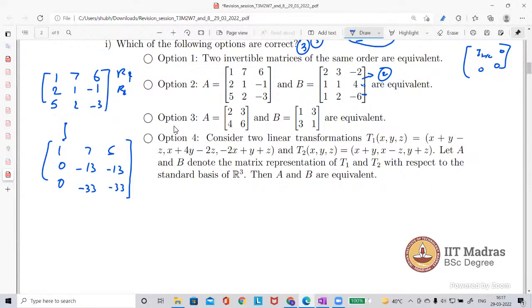I mean, no. Anyhow, you have to calculate the rank, then you can decide the rank. So for the matrix B, we can see that the first row is a linear combination of the second and third, right?